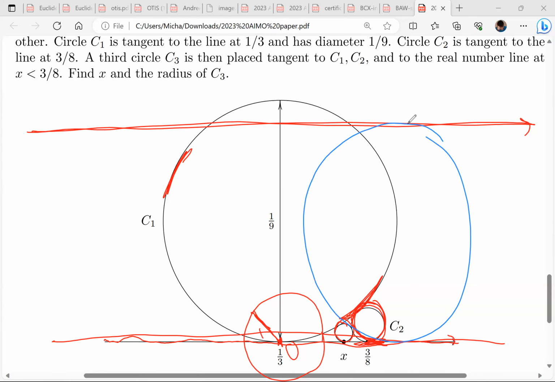And now the small circle is tangent to all three things. So it's tangent to the top line, the bottom line, and the blue circle. So the only way I can do that is to be a circle like here, or it's on the left. But we know it's not on the left because of inversion.